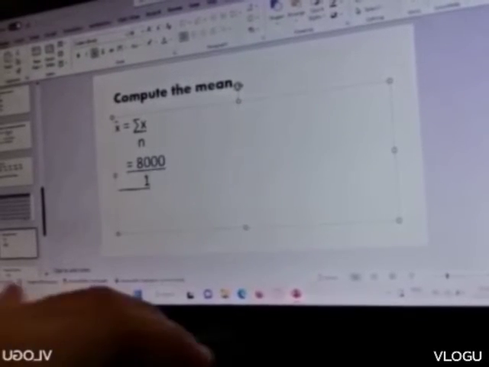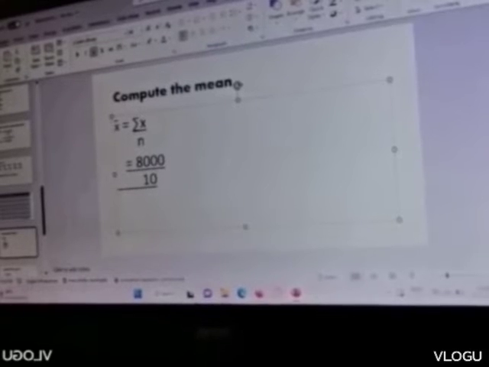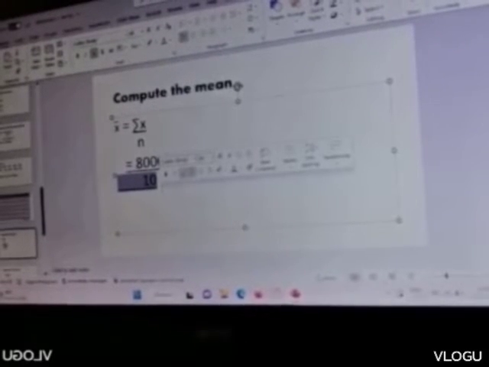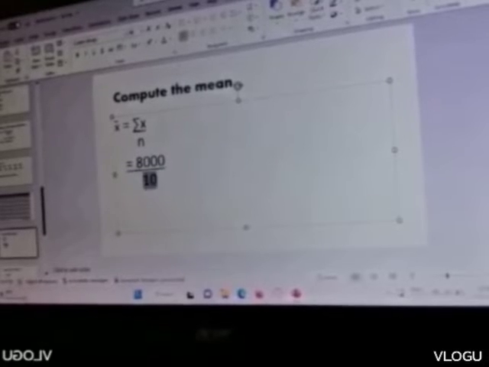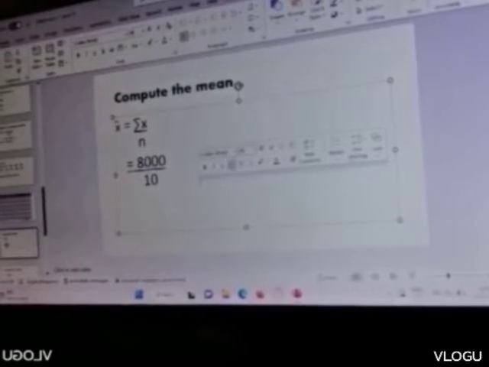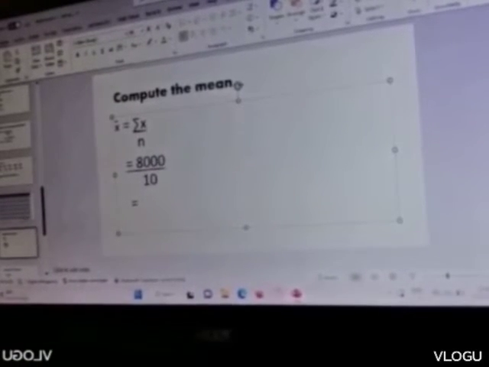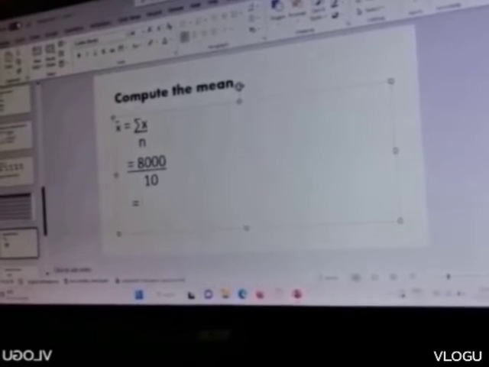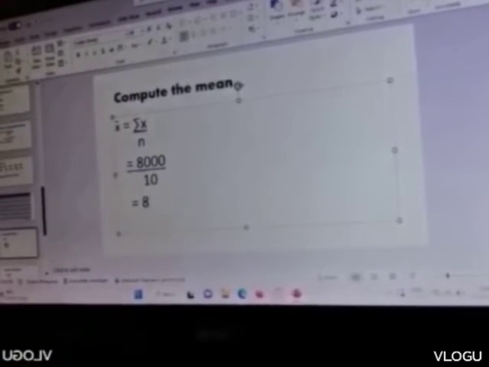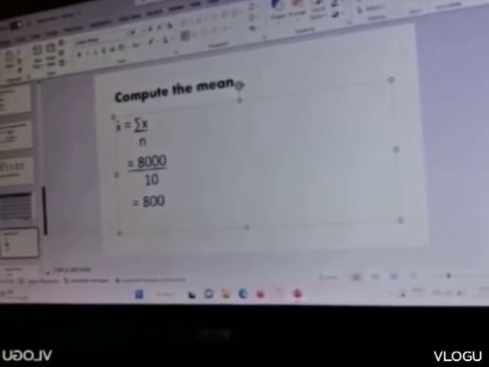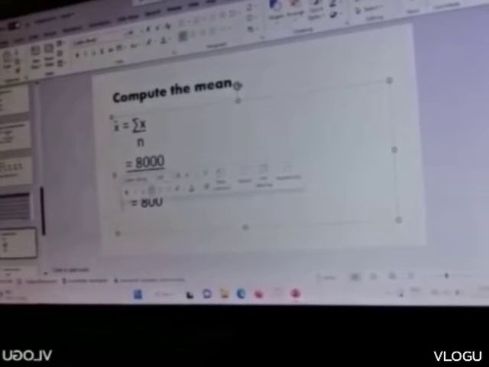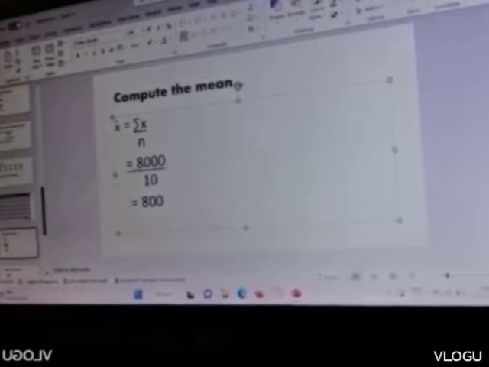So 10. 10 are the total of the given. So the equals is 800. So that is the mean. So we're done computing the mean.